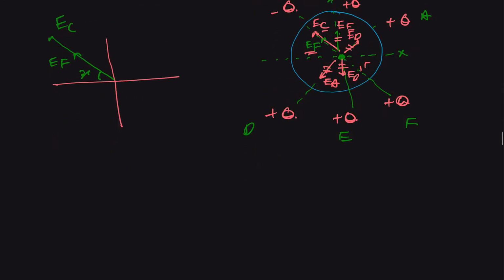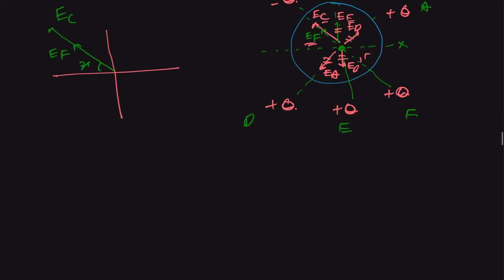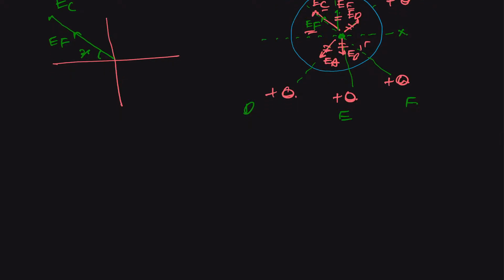So we can just divide into components, and because their magnitude will be the same, our electric field will be equal to twice kQ upon r squared.